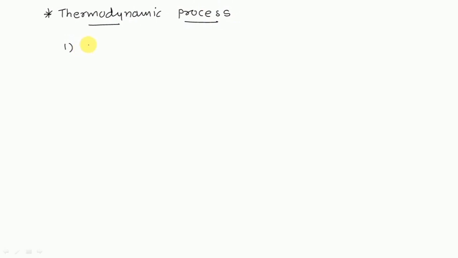Let's start with the basic processes. Isochoric process: in an isochoric process, volume is constant. The process in which the volume is constant is called an isochoric process.